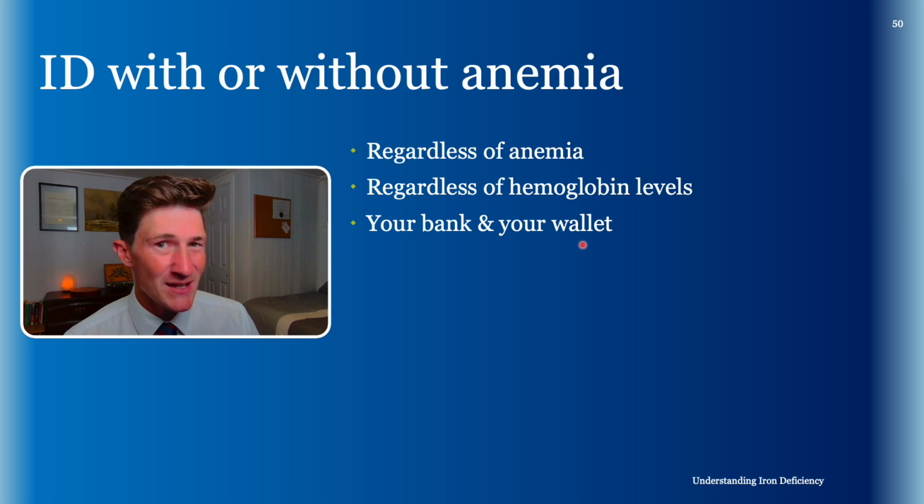But as you get less and less iron stored, if you have less ferritin, which is a measurement for iron storage, your body is still going to make sure that it keeps enough iron in its wallet. So even though you're poor in terms of looking at your bank account, because hemoglobin is so important, your body makes sure until the end that it has enough iron to put into hemoglobin production.